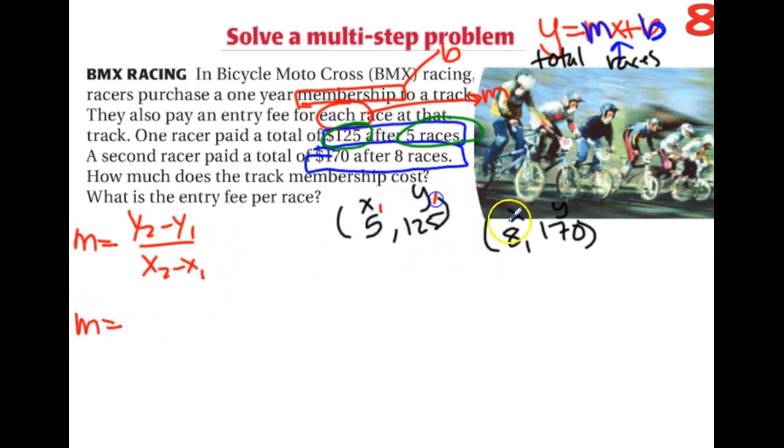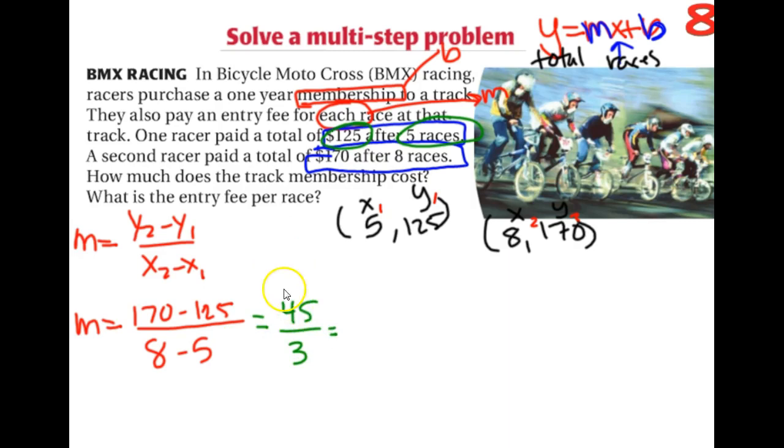This is my first point, this is my second point. y2 minus y1 is 170 minus 125, and x2 minus x1 is 8 minus 5. 170 minus 125 gives us 45. 8 minus 5 is 3. And 45 divided by 3 gives us 15.